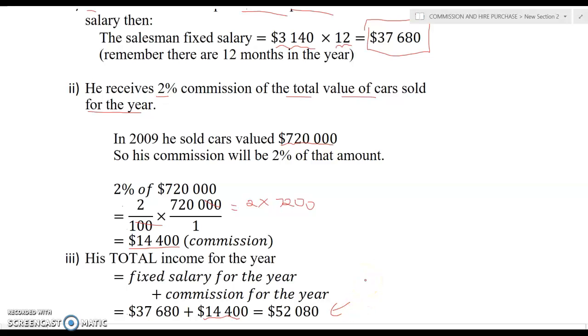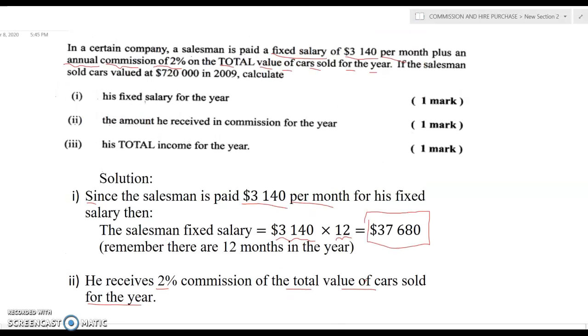So very simple. Again, with these worded problems, you really need to take your time, read it properly, underline what information they give you, see what information they're asking you for, to make it a little bit easier for yourself, right? So let's look at one more question on commission.